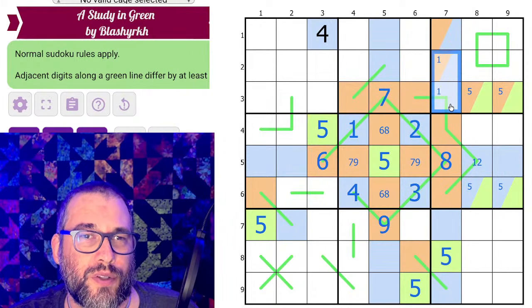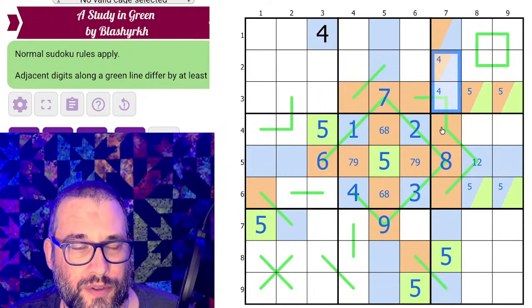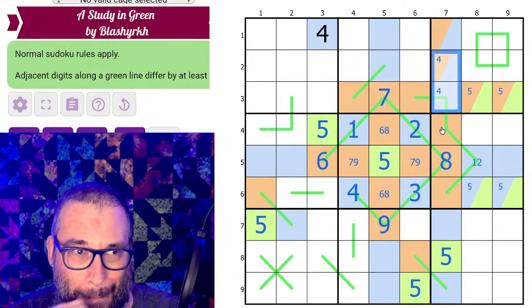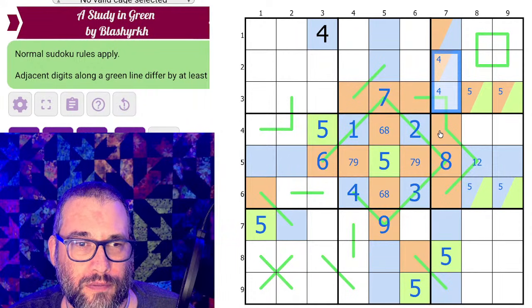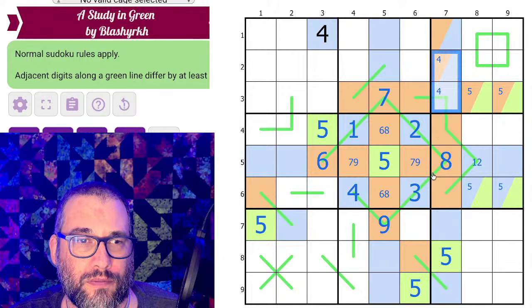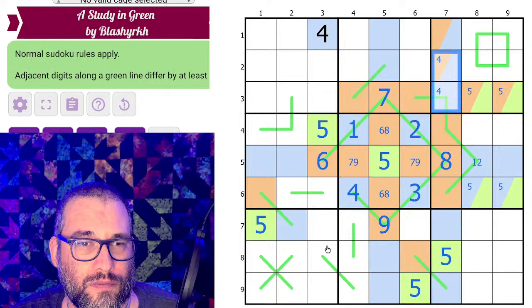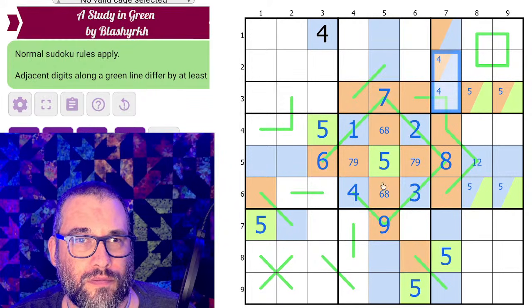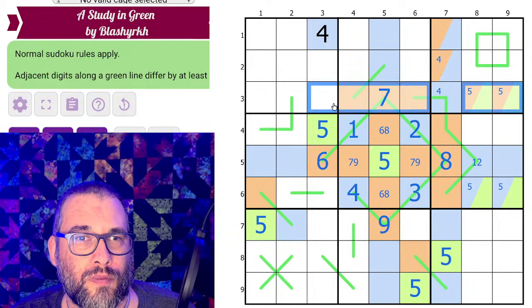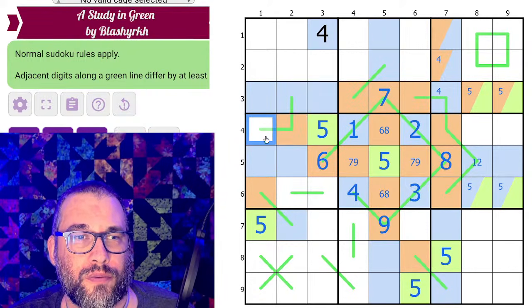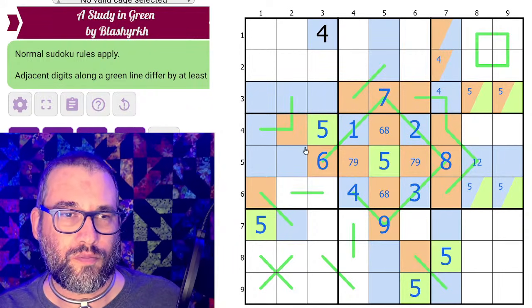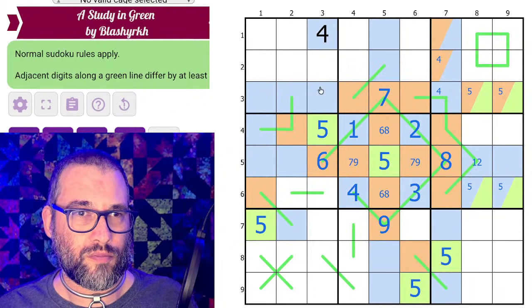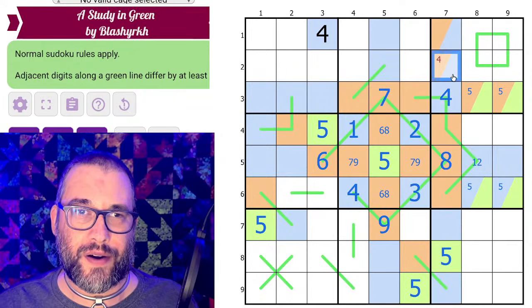So one of these two is 4 for sure for the box. These are all blue. The 4 in row 3 just is here.